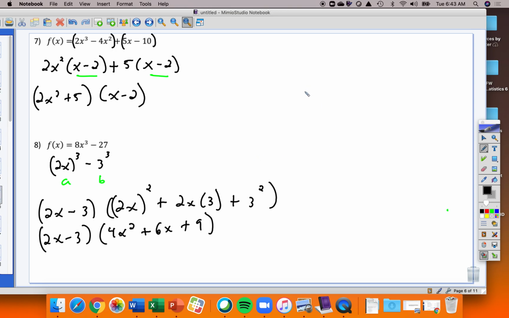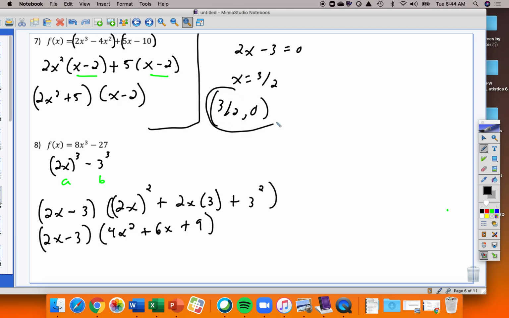So I have 2x minus 3 equals 0. So I have one x-intercept at 3 halves. Okay, so (3/2, 0) is one of my x-intercepts.